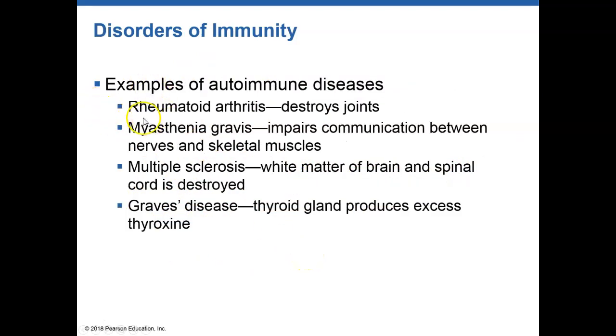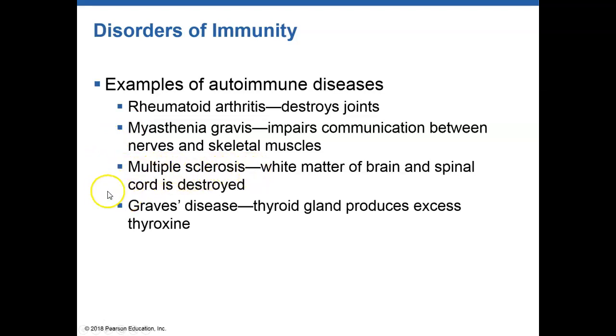Examples of autoimmune diseases that you may have heard of are rheumatoid arthritis and myasthenia gravis. Rheumatoid arthritis attacks your bones and joints. Myasthenia gravis affects skeletal muscle because it affects the nerves; it tells the nerves not to work as effectively.